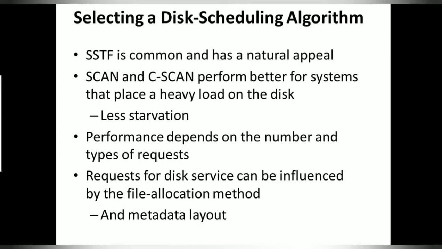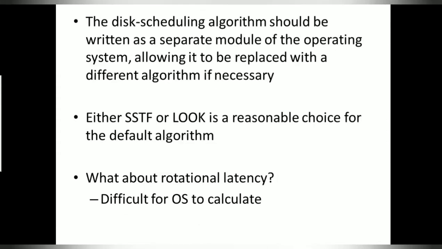than compared to SSTF. Now the selection of the algorithm is not only about the total head movement and the performance that we look at, there are other factors that guide the choice.